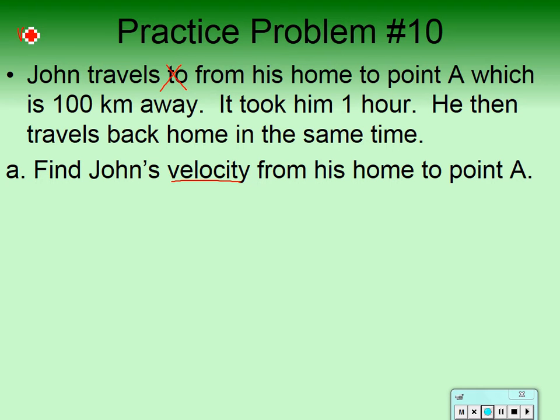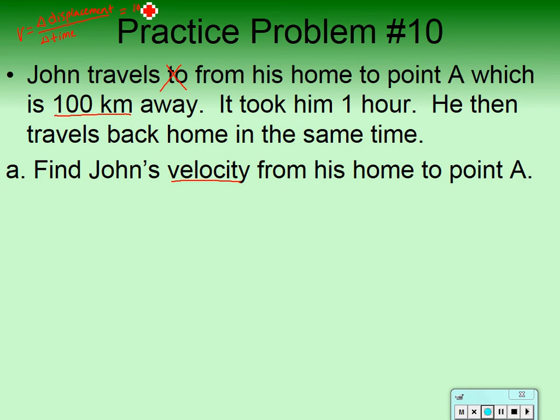So velocity is equal to change in displacement divided by the change in time. Okay? So let's do the top part of this equation first, his change in displacement. Again, displacement final, which he went 100 kilometers away.